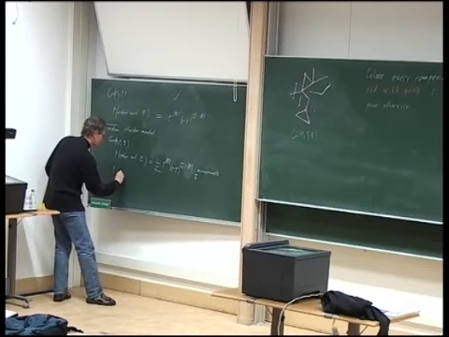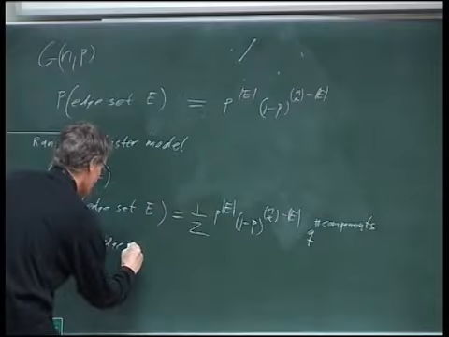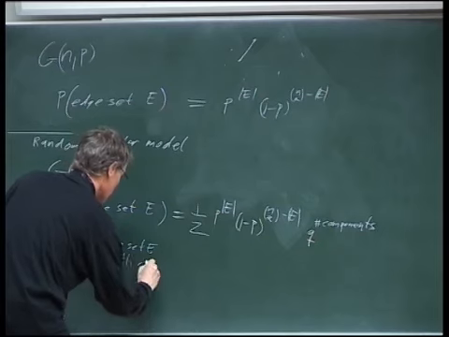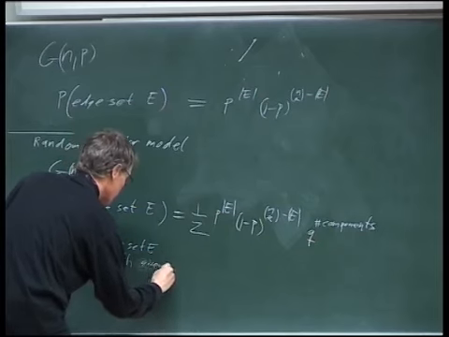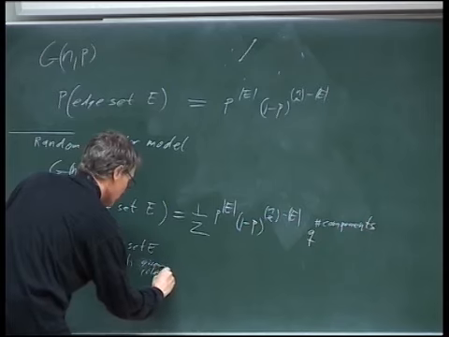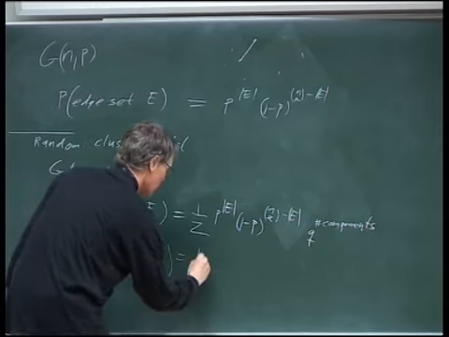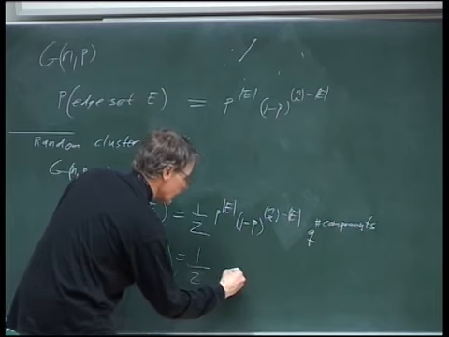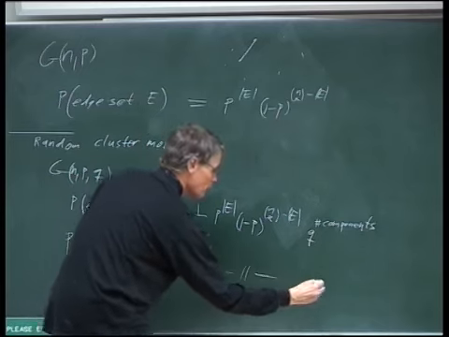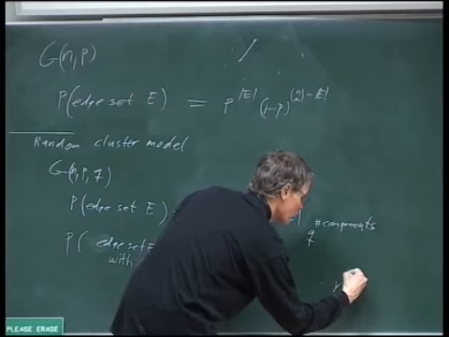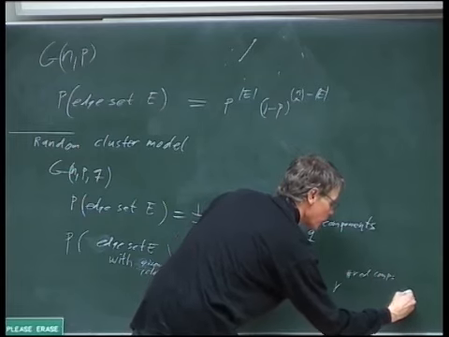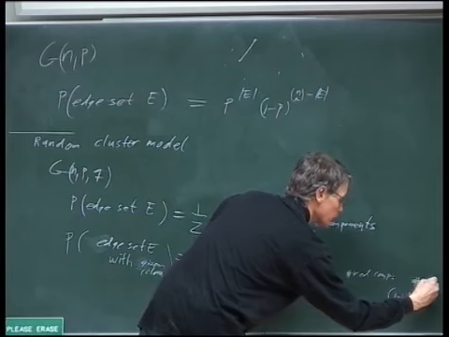Probability of this edge set E with given colors. Well, 1 over some Z, exactly the same thing as before, but then times r to the number of red components times 1 minus r to the number of green ones.